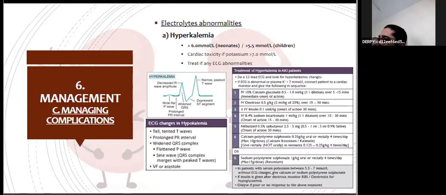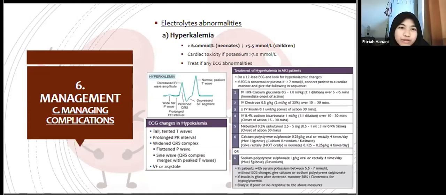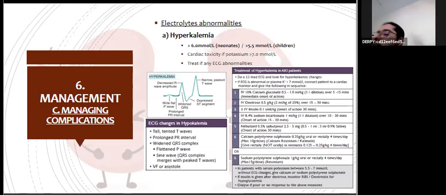Very good. Correct answer. Together with the glucose. That's why we need to give glucose, because patients tend to get hypoglycemia. Insulin will move the potassium inside the cell, and you give glucose to protect the patient from hypoglycemia. Very good. How does insulin move potassium inside the cell?